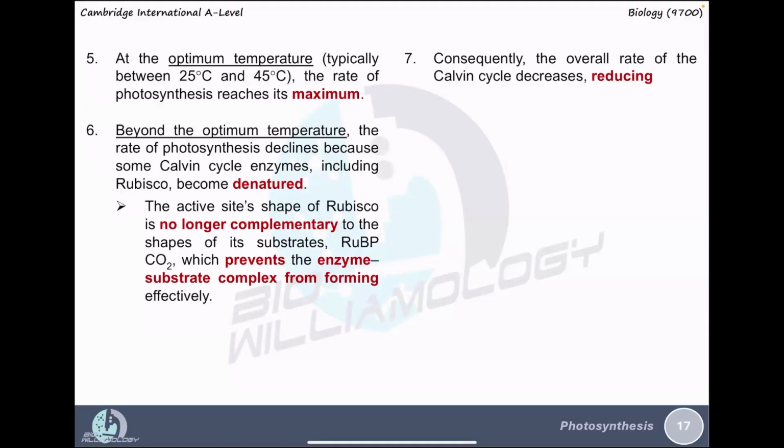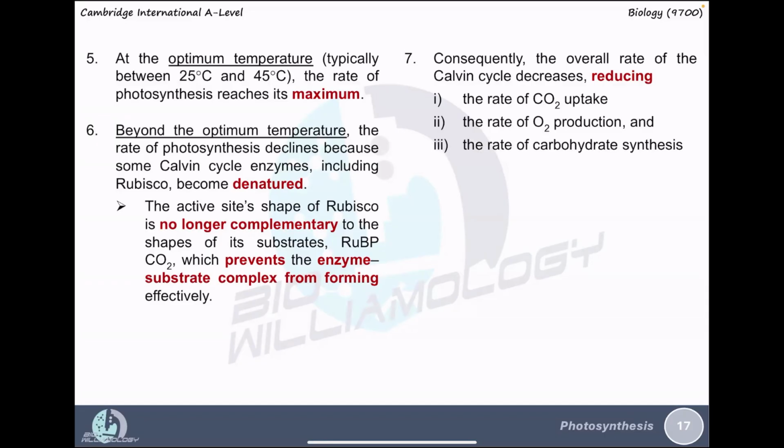Consequently, the overall rate of the Calvin cycle decreases, and this reduces the rate of CO2 uptake and the rate of O2 production. Why? Because less GP can be reduced to TP, and fewer reduced NADP is oxidized back to NADP. And because of the low concentration of TP, definitely the rate of carbohydrate synthesis decreases.